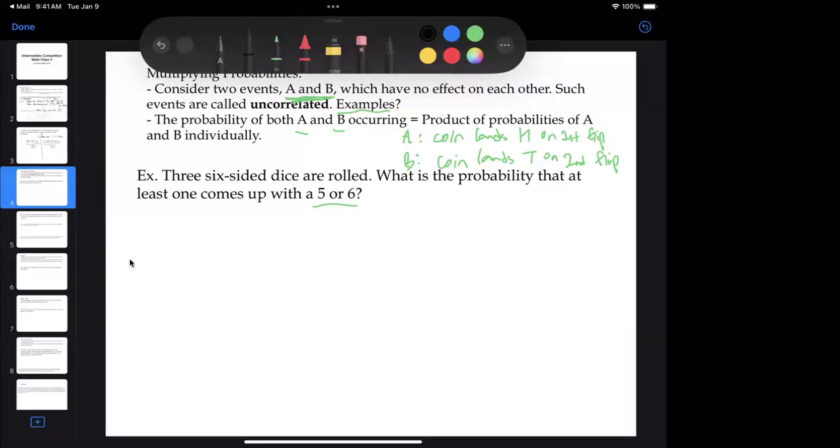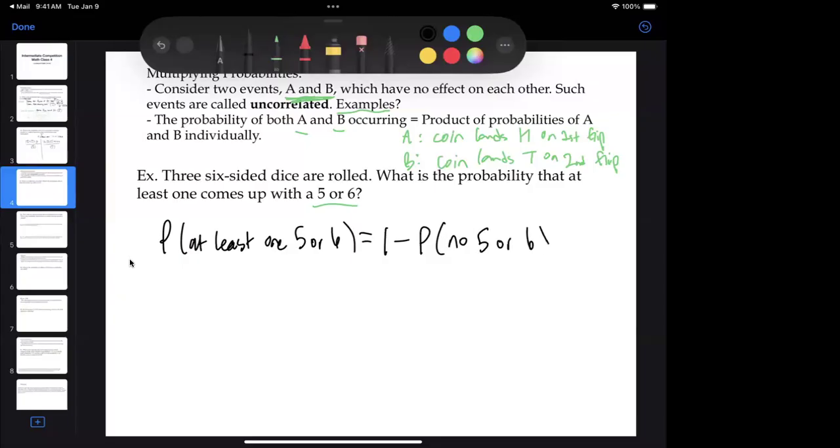The probability of at least one 5 or 6 is equal to 1 minus the probability of neither 5 nor 6, because neither is easier to count. So we do 1 minus 4/6 times 4/6 times 4/6.